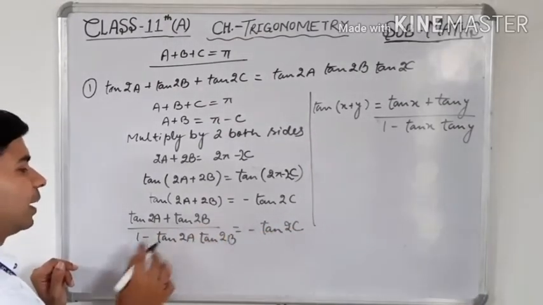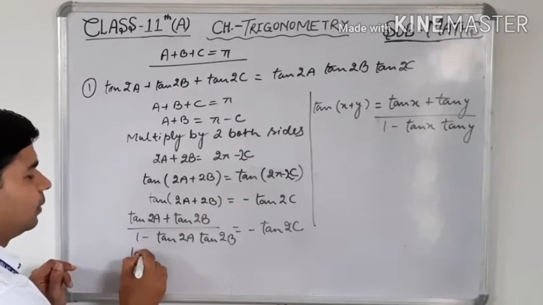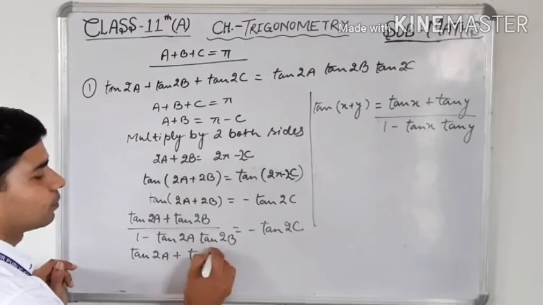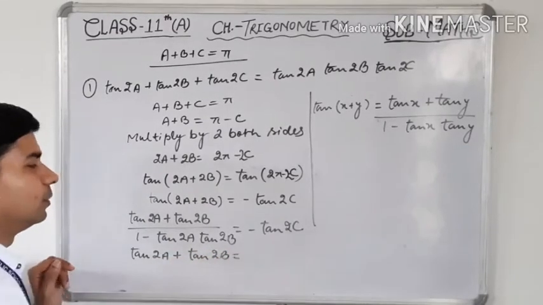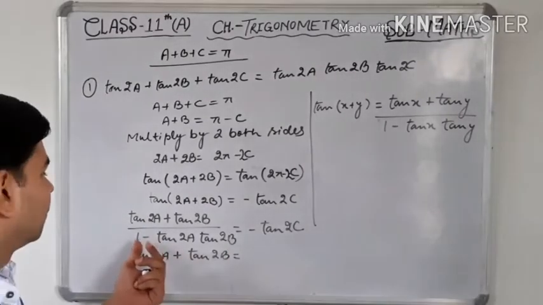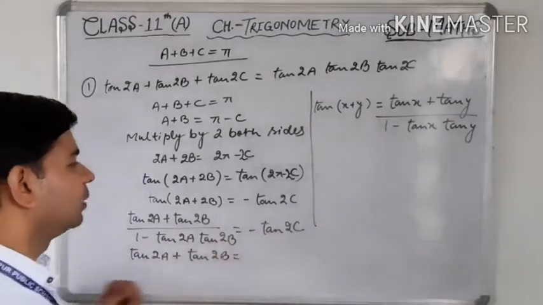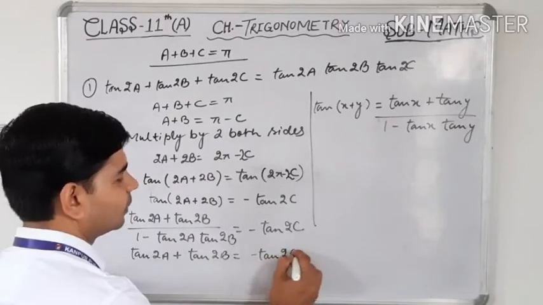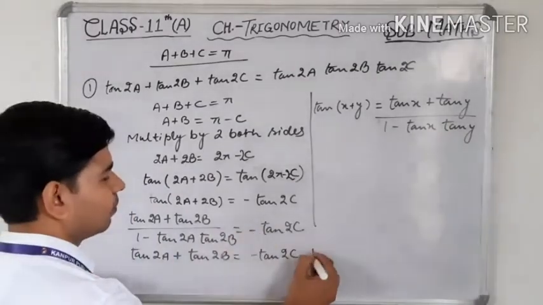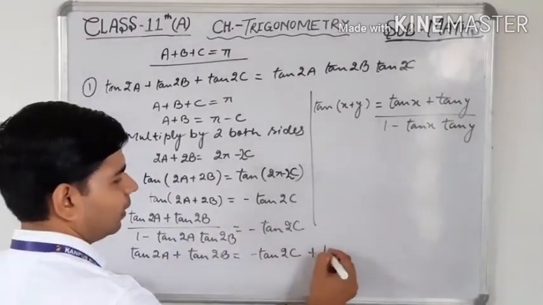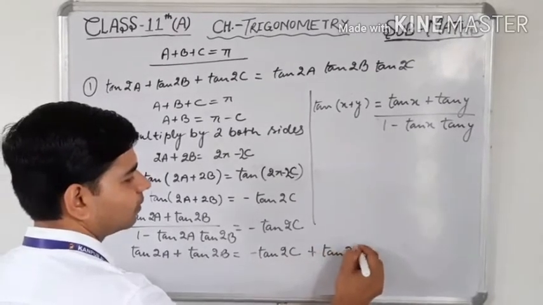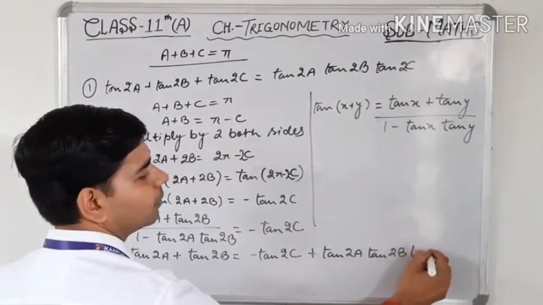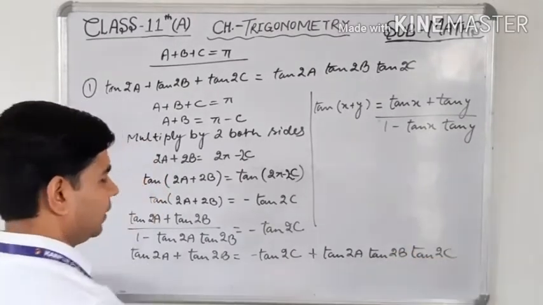Now cross multiply, we get tan 2a plus tan 2b equal, multiplying 1 and minus tan 2c, we get minus tan 2c, minus minus plus, and this becomes tan 2a, tan 2b, tan 2c.